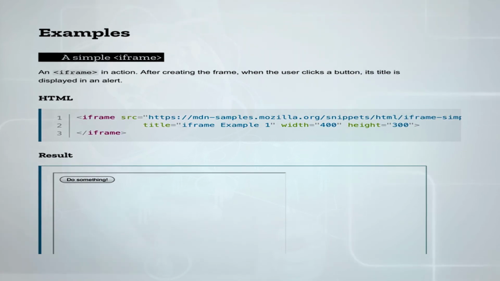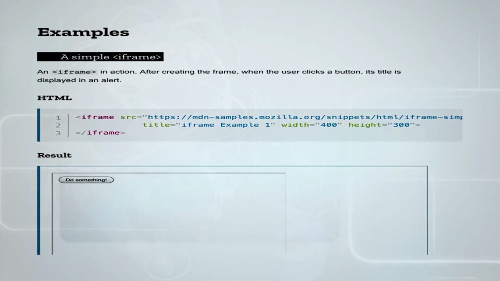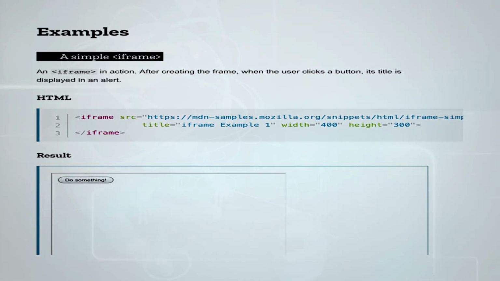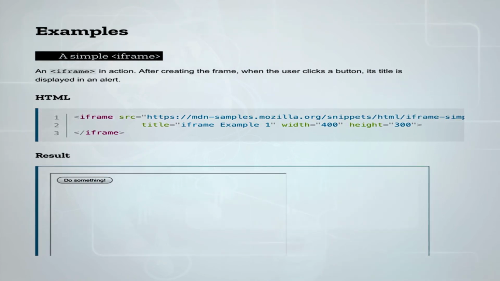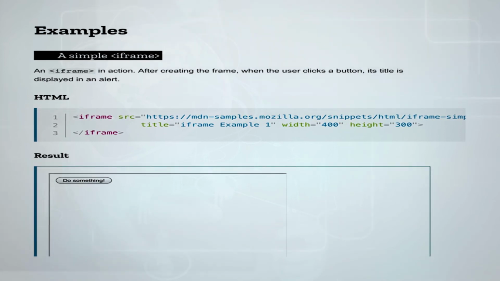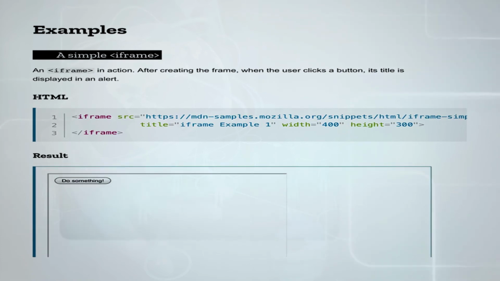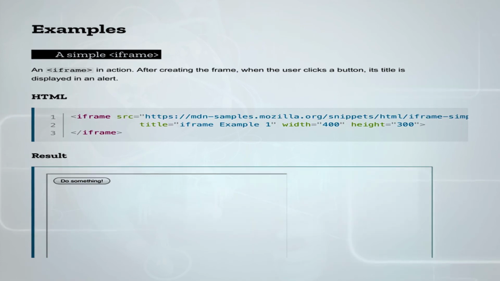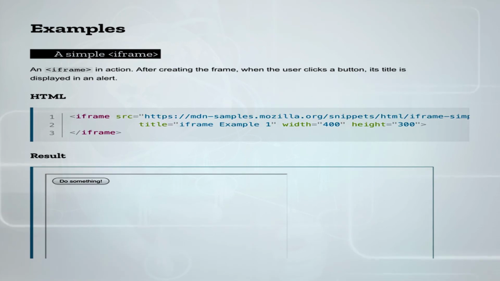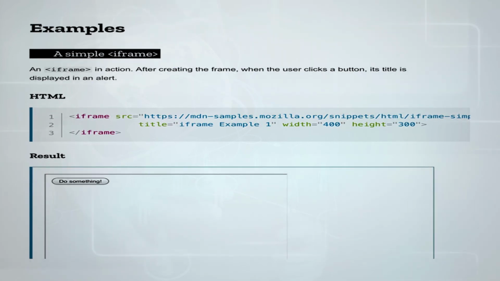Here the src means the source, which mentions https://mdn-samples.mozilla.org/snippets/html/iframe. The title is iframe example 1, and the width is 400 as well as 300, which is the height. You can see the output in the image.